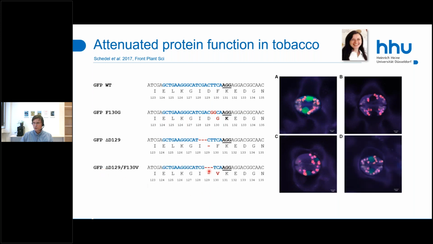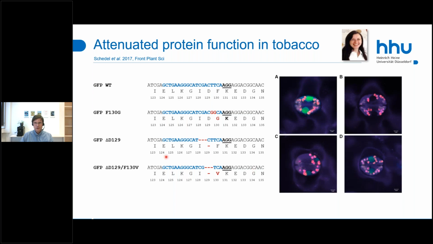And the same holds true for another mutant. This also has a -3 deletion, but since it's at a different position, we have not only the deletion of 1 amino acid, we have in addition a change of 1 neighboring amino acid, which also leads to a different fluorescent outcome.